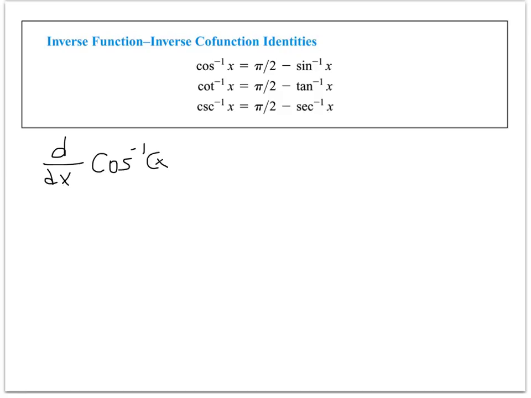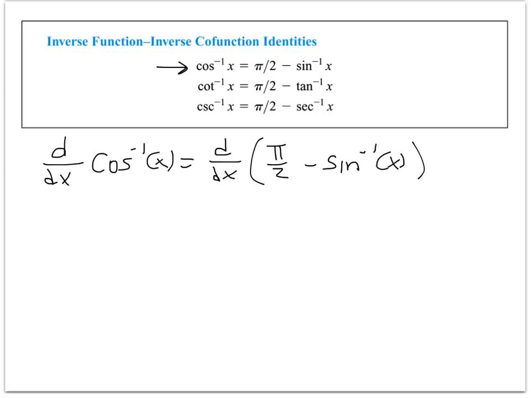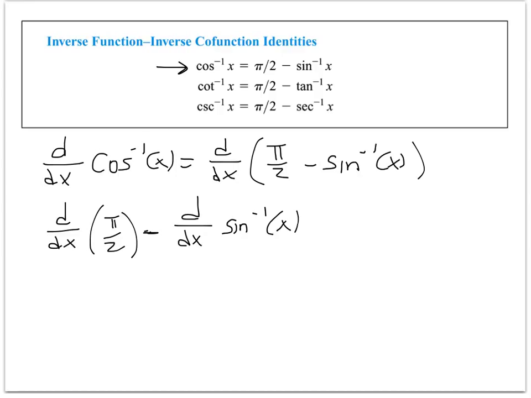And instead of using that theorem 3, I'm just going to use this identity, which says that would simply equal the derivative of pi over 2 minus sine inverse of x. I can split up this derivative: pi over 2 minus the derivative of sine inverse of x.